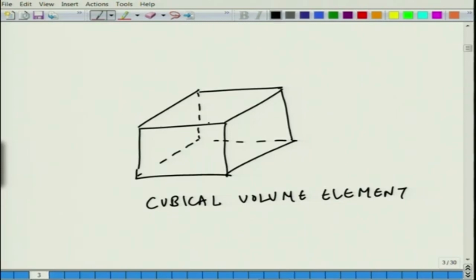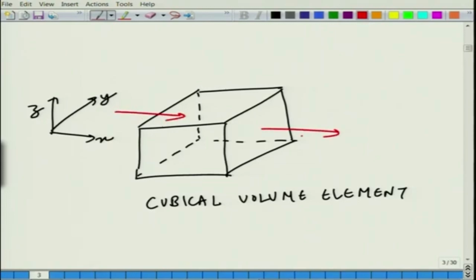So, this can be your, say, the y direction, this can be your x direction, and this can be your z direction. Along the z and y face, we have the flow that enters here, the one that leaves here. Note that this is your delta y, this is your delta z.